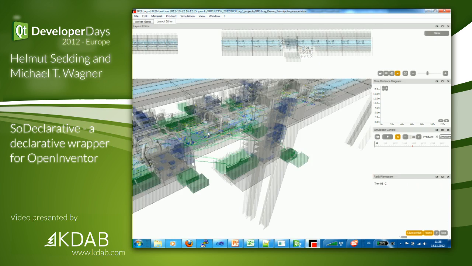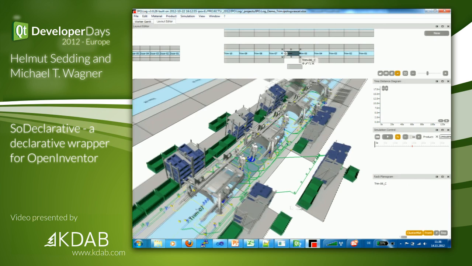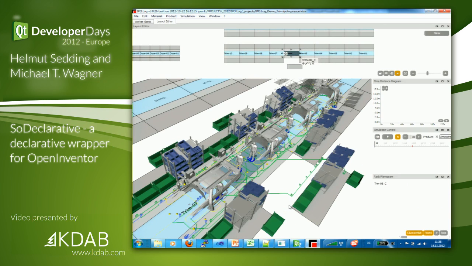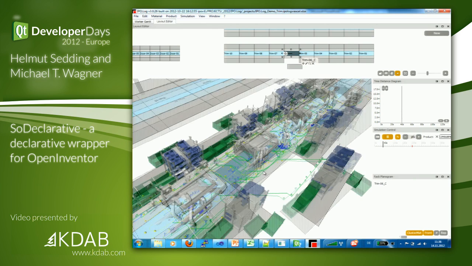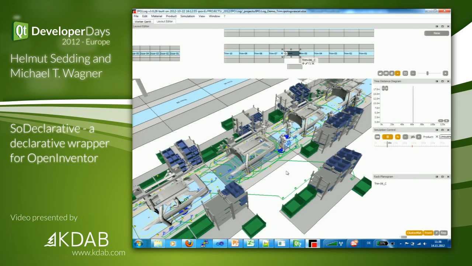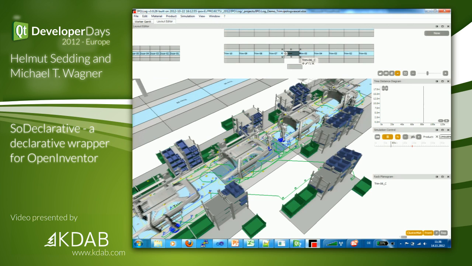What the software has done now is calculate all the worker paths and how the workers have to walk and where they assemble every kind of thing. I just speed that up a little bit. So you see them running and doing all kinds of stuff.